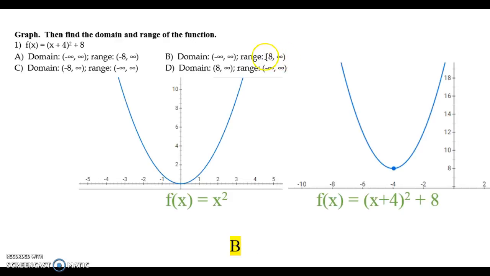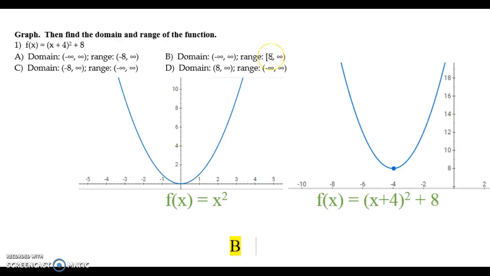So 8 to infinity. And a little talk about these brackets here. Since 8 is an actual output, we use the bracket. It shows that 8 is included in the range. If you plug a 0 in for x, 8 is your actual answer. If 8 wasn't an actual answer, but it was the cutoff spot, like we could get every number up to 8, really, really close, we could have 8.2, we could have 8.1, we could have 8.00001, any number as close to 8 as we want, but just not quite 8, that's when you use the parentheses.